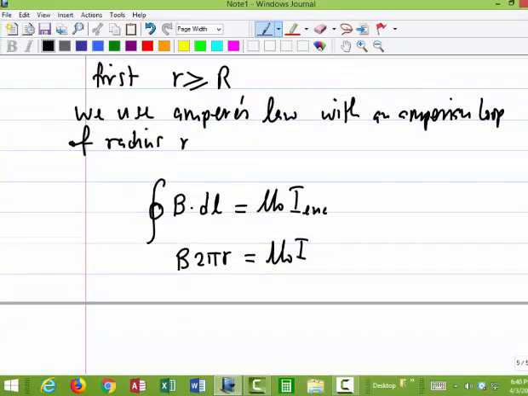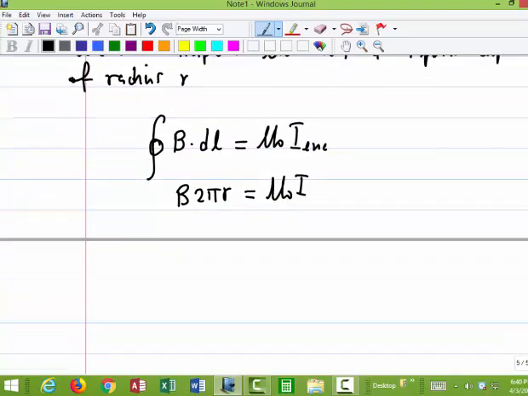With Ampere's law, with two lines we are basically done. The magnetic field is just equal to mu naught I over 2 pi r, for r greater than uppercase R. So outside the surface of the wire, this is the magnetic field. This is just the same magnetic field we found for a straight wire when we used the Biot-Savart law.